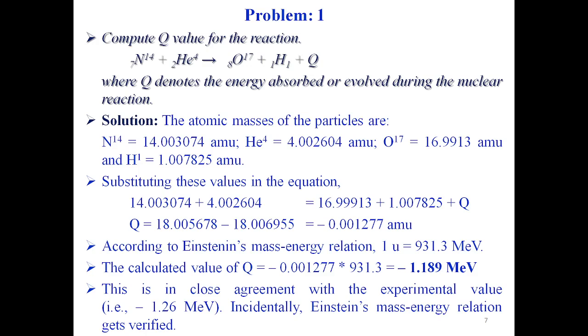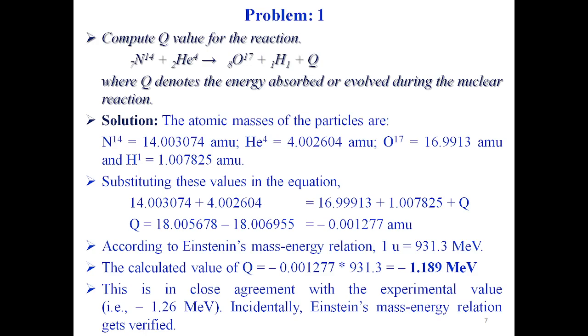So here the mass of nitrogen is 14.003 atomic mass unit, the alpha particle is 4.00 atomic mass unit, oxygen is 16.99, and the proton is 1.00. Substituting these values in the above equation, we get the Q value, which is the difference between these masses.